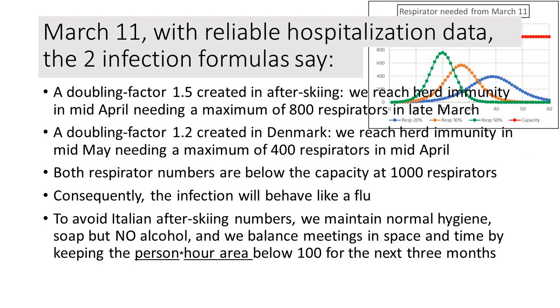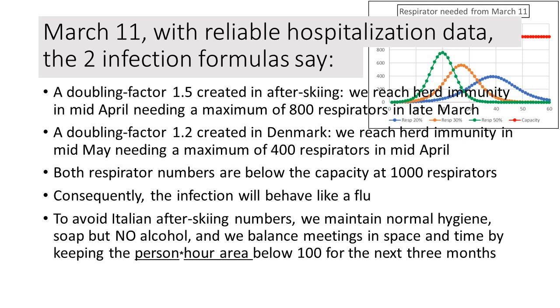Therefore, on the 11th of March, with reliable hospitalization data, the 2 infection formulas would say, with a doubling factor 1.5 created in afterskiing, we will reach herd immunity in mid-April, needing a maximum of 800 respirators in late March.